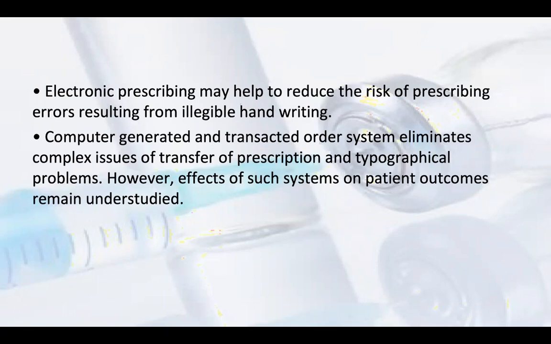Then a computer-generated and transmitted orders system eliminates complex issues of transfer of prescription and typographical problems. The effects of such a system on patient outcome remain to be understood. That's why nowadays, mostly in good hospitals, they have computer-generated prescriptions, so it's easy for the pharmacist to read them instead of handwritten prescriptions.